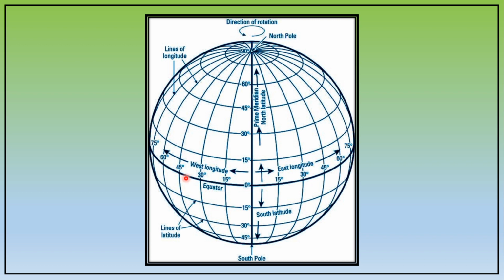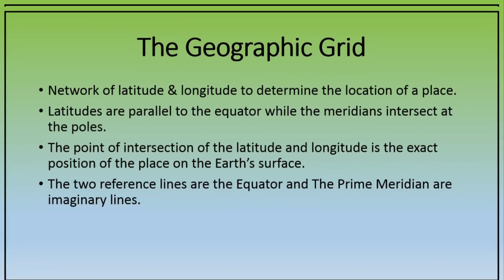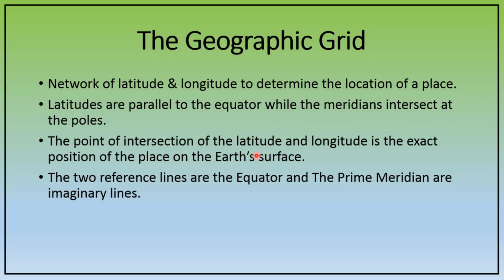You can see over here all the longitudes, they are intersecting at the poles. The point of intersection of a latitude and longitude is the exact position of the place on the Earth's surface.